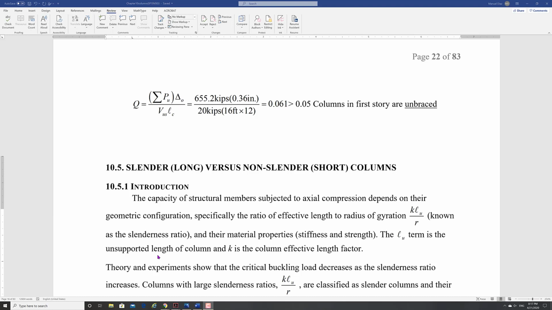So that's the intent of the K. So the K is simply an equivalent number that when multiplied by LU will give you the equivalent pin-pin connection length of the column.